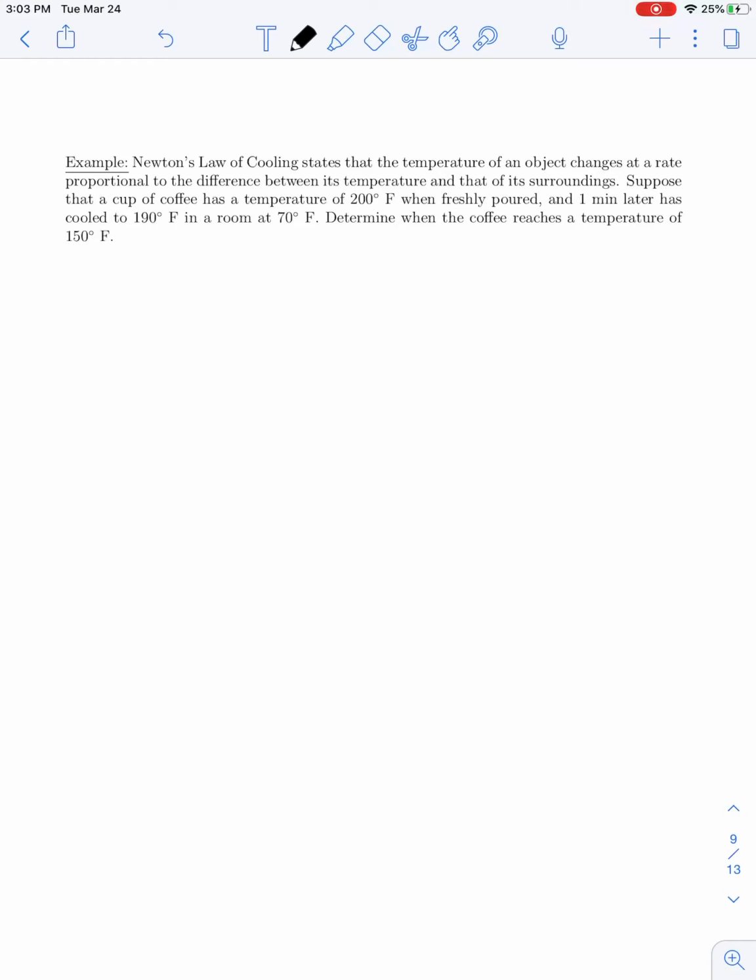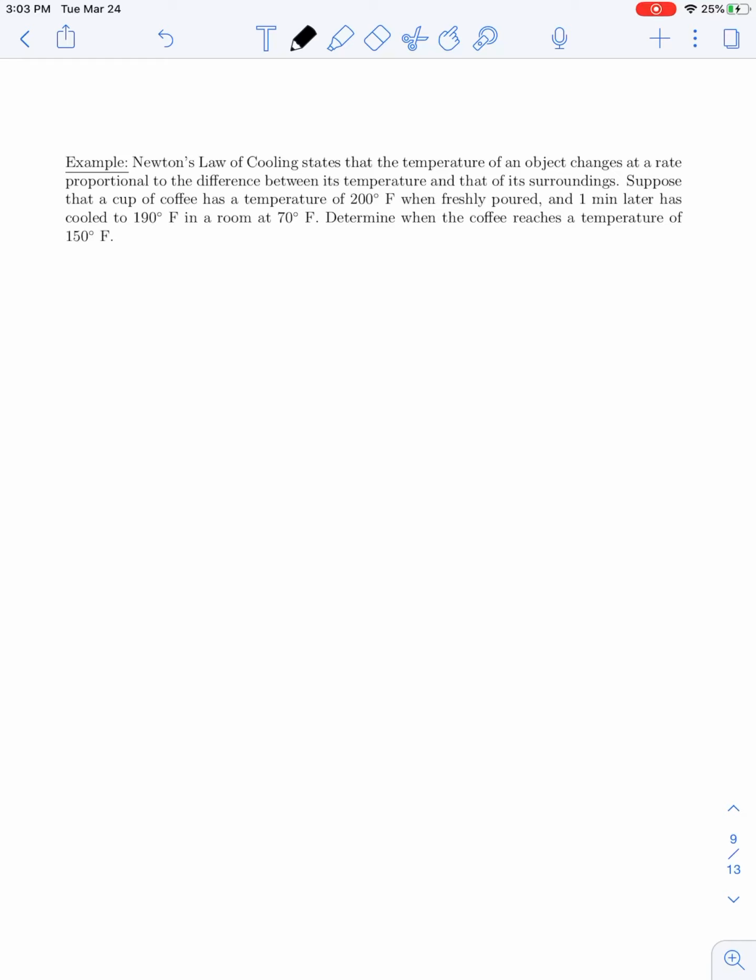Now, for this particular example, we're considering a cup of coffee that has a temperature of 200 degrees when it's freshly poured, and after 1 minute, it's cooled down to a temperature of 190 in a room that's held at 70 degrees. And the question is, when will this cup of coffee reach a temperature of 150 degrees?